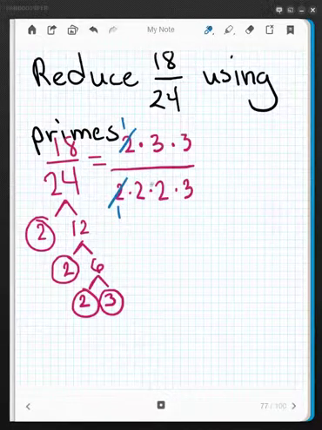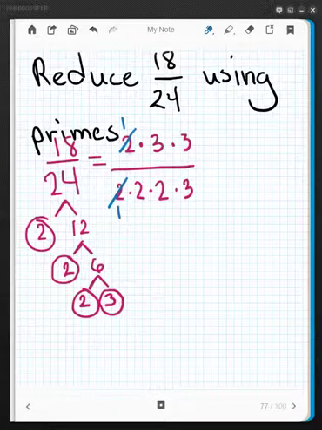Canceling is actually division. It can only be done in a division problem. So if we have this division of this number by this number, we have this idea of dividing, but division and multiplication are related to one another.